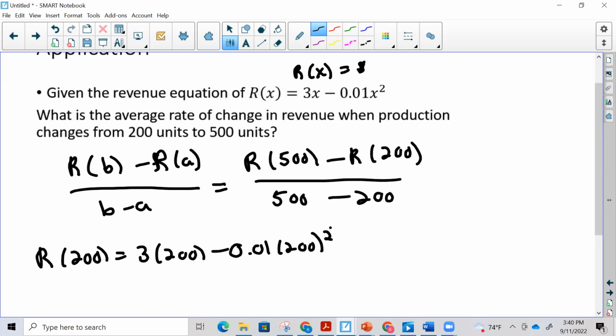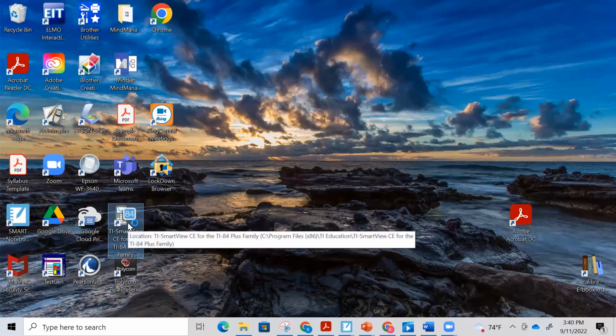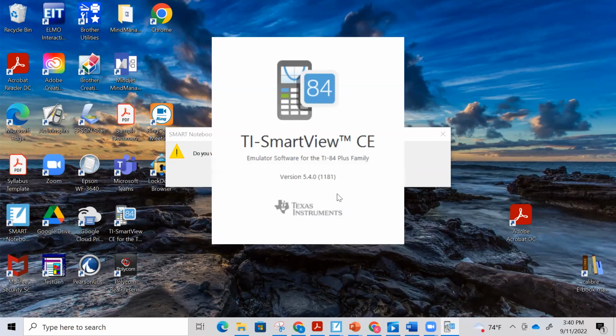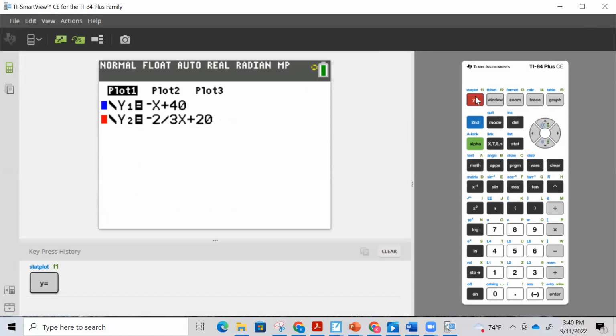And you can also put it in your calculator. Sometimes it's easiest to put it in the y equals and calculate it quickly that way. You just need to be careful when you're typing it in.